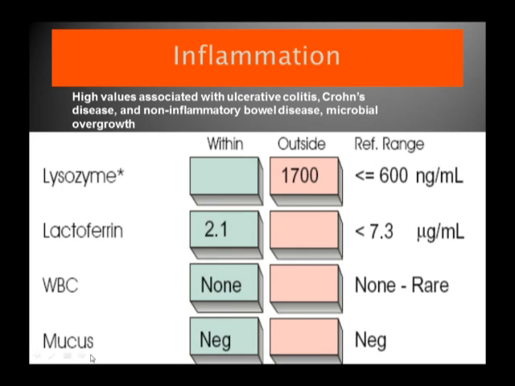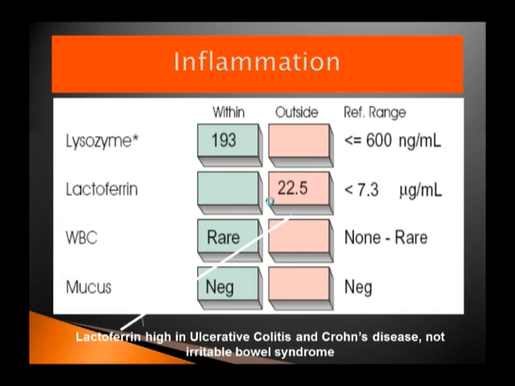On the flip side is the marker called lactoferrin. Lactoferrin is indicative of more deep-seated inflammation, and it has been correlated with more severe inflammatory bowel disease such as ulcerative colitis and Crohn's.